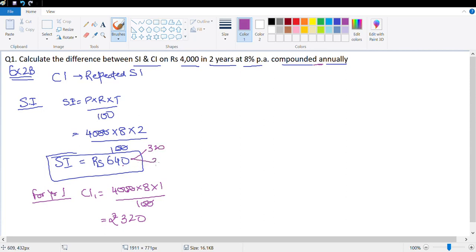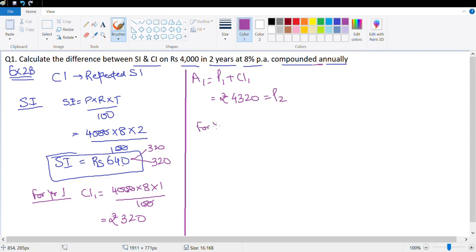In the second year it is also 320. But in case of compound interest, the compound interest for the second year will be more than compound interest for the first year. Let's look at that calculation. So amount at the end of year 1 will be equal to principal 1 plus compound interest 1, which is equal to rupees 4,320, and this is equal to principal 2.